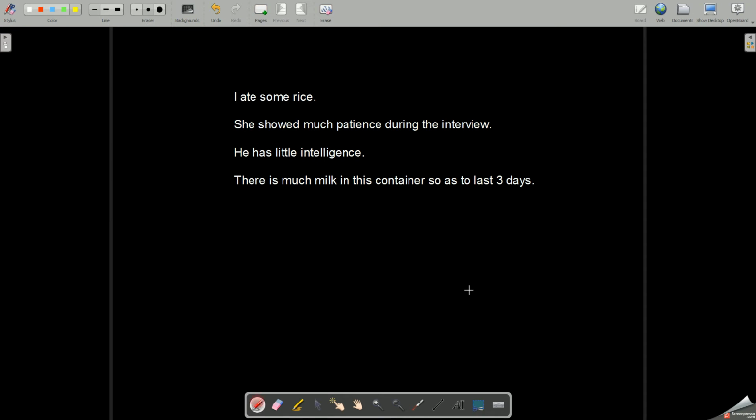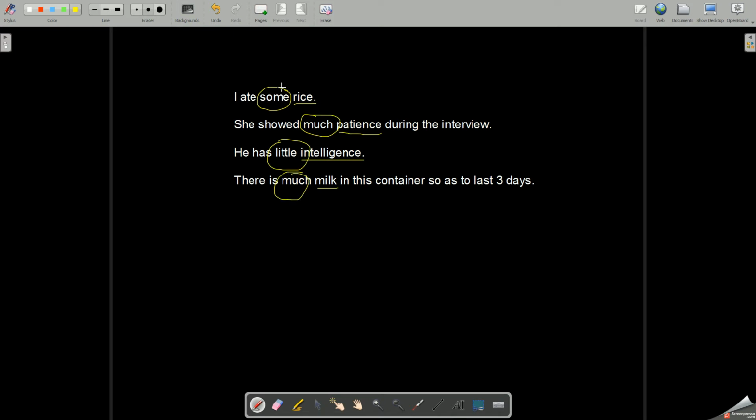So in these statements you can see, first we'll try to highlight the noun. So rice is the noun, patience abstract noun, intelligence abstract noun, milk common noun, rice common noun, and the words describing them: some, much, little, much.